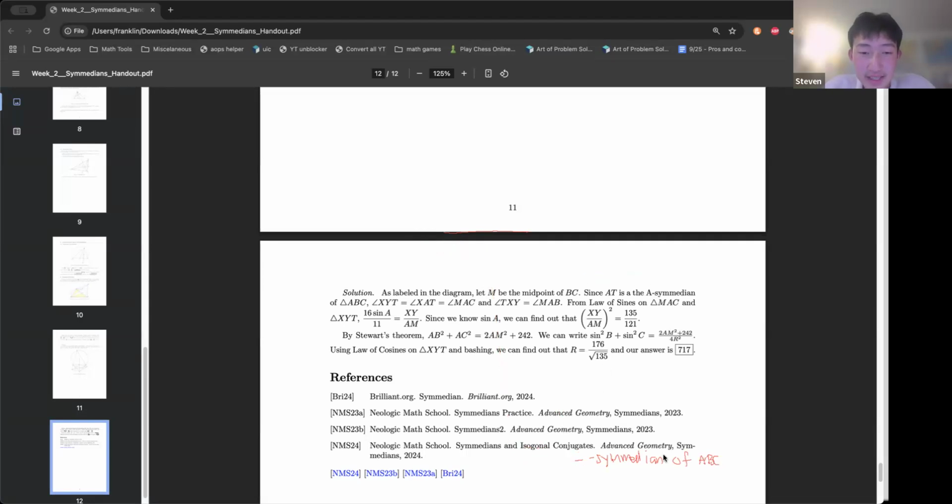Then we can bash out AM from the ridiculous expression that's given, so XY over AM squared is equal to 165 over 121. Then we are going to use dual words, and very unfortunately bash it again. We're going to do a lot of cosine bashing and somehow find the answer, which is sad.